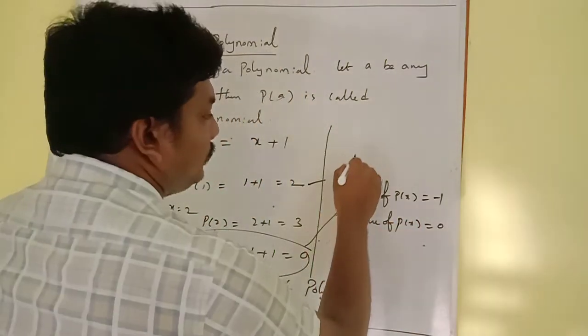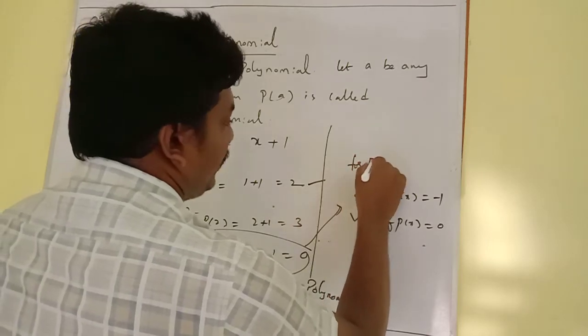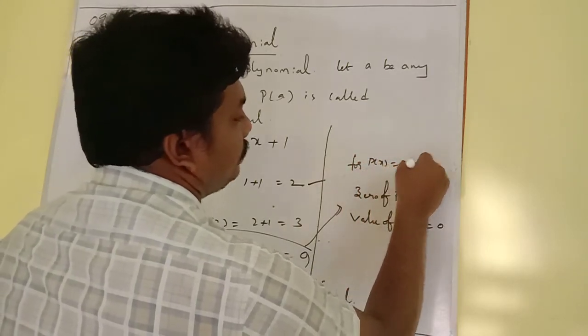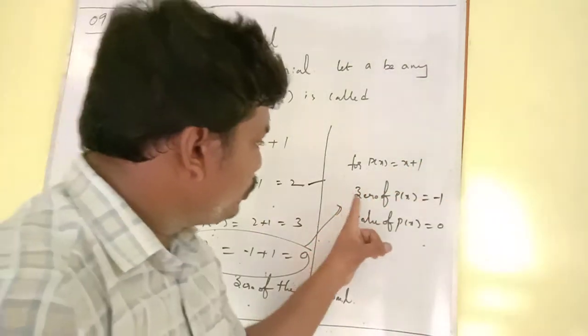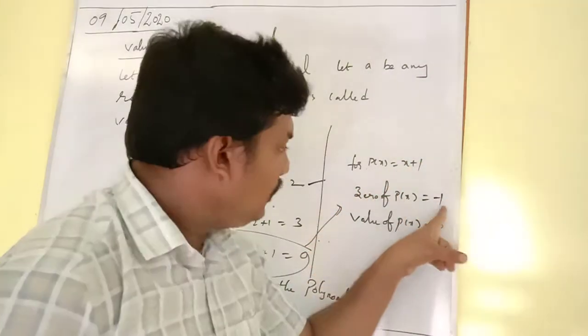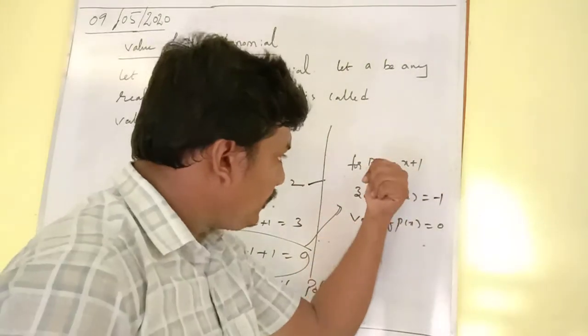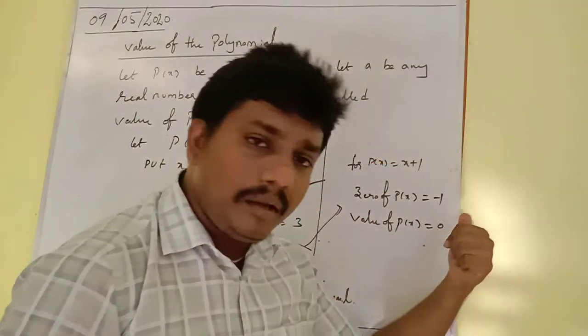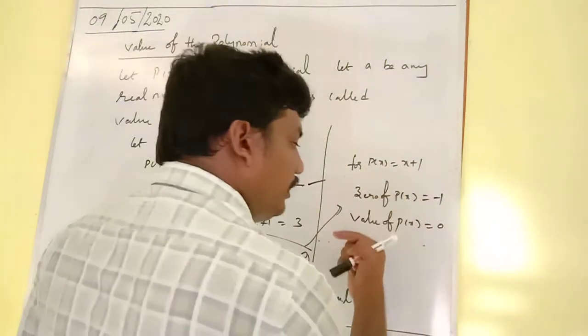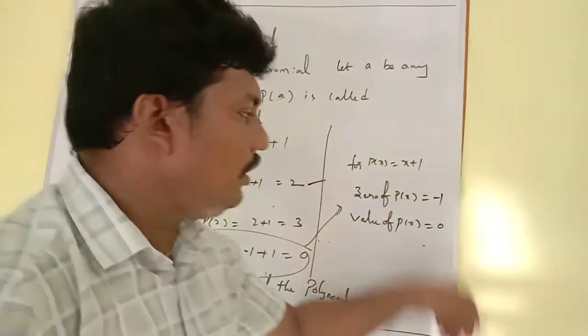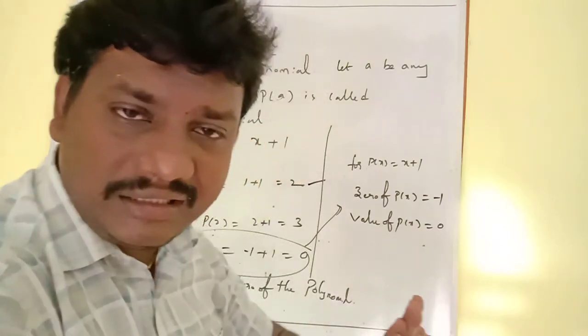So for the polynomial P of x is equal to x plus 1, the zero of P of x is minus 1. When you substitute minus 1 in the polynomial, its value becomes 0. Whenever the value of the polynomial is 0, the real number you substitute in the polynomial is called the zero of the polynomial. Now it is clear.